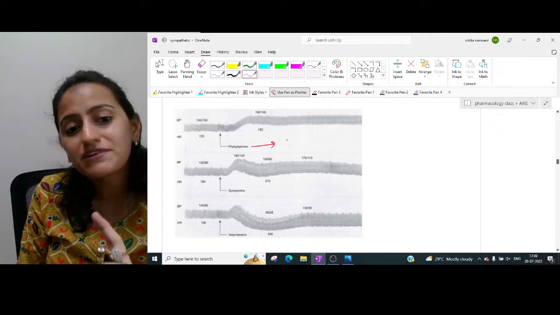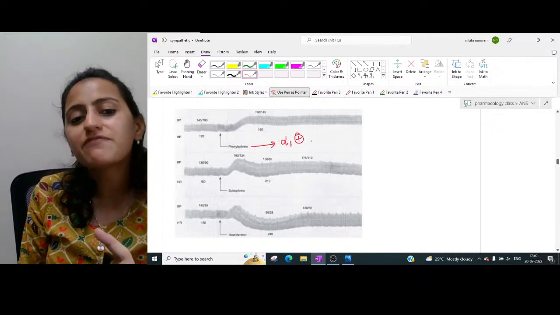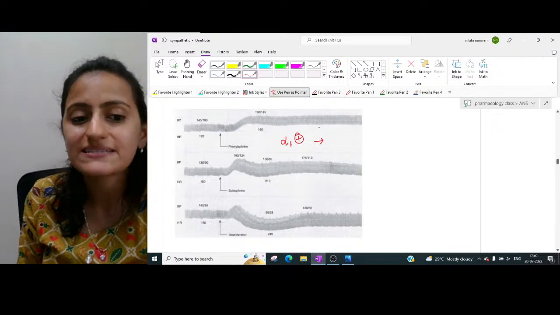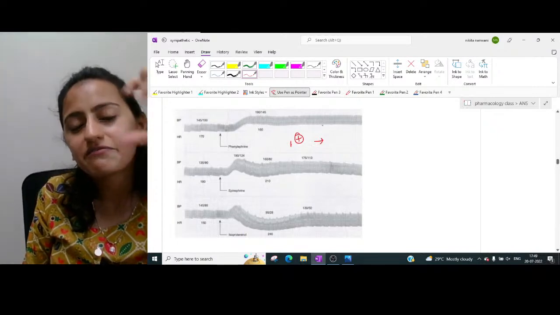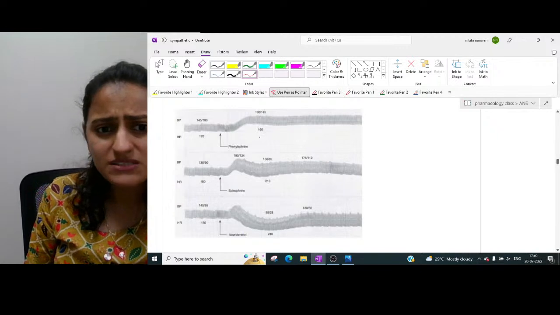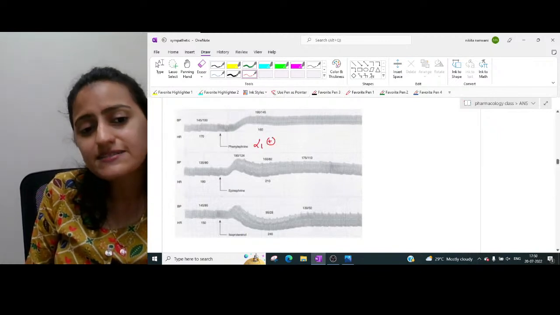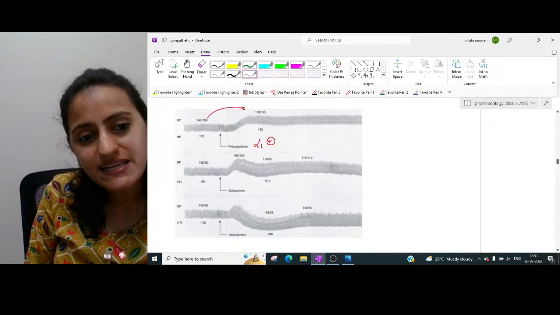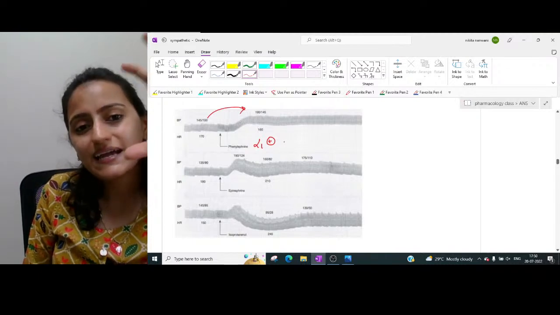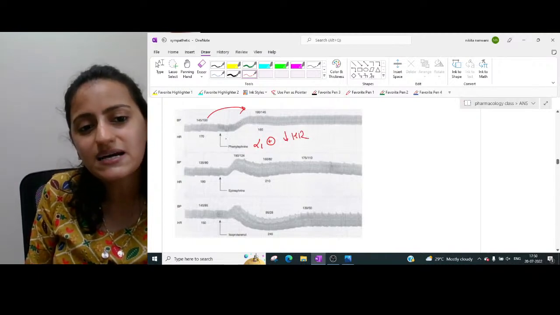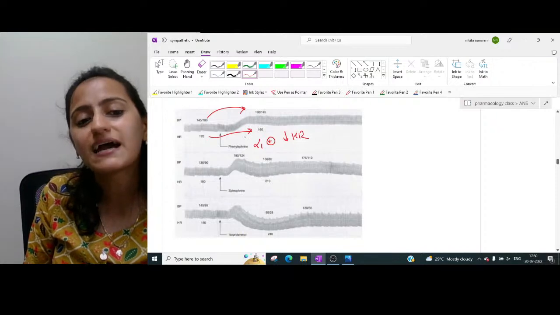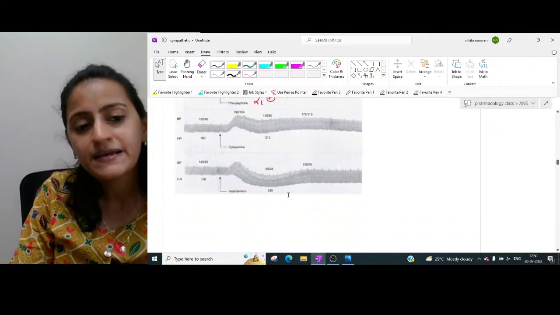Phenylephrine is an alpha 1 agonist, causing vasoconstriction. It is increasing the blood pressure, and the increase in blood pressure is decreasing the heart rate. So remember that phenylephrine is decreasing the heart rate.